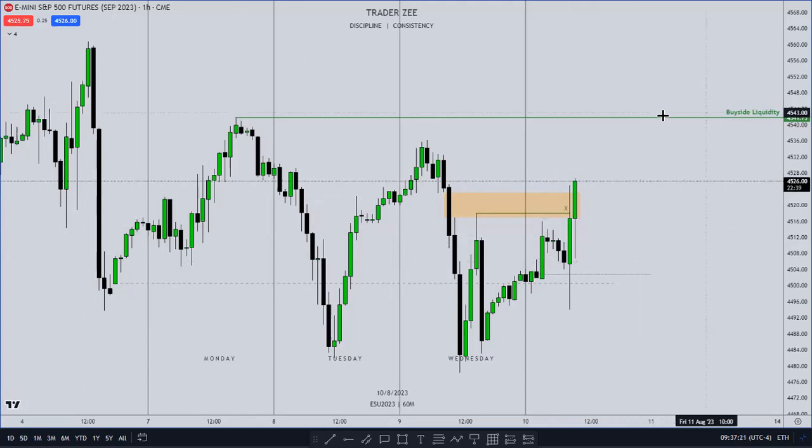I do think we are going up for this high. The buy side liquidity of this high and the fair value gap here.